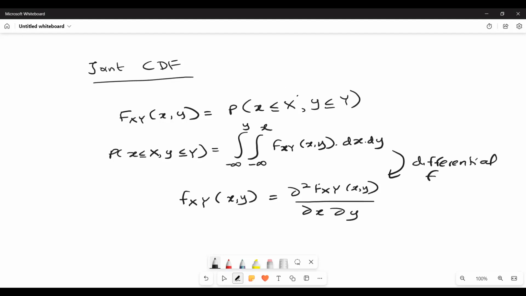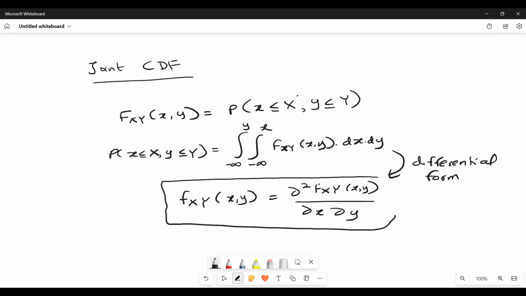They are both the same, but the differential form is written in this manner. You don't have to remember it, but keep it in your mind that the probability density function, PDF alone, can be defined by using the CDF function by taking the differentiation of that CDF function with respect to the variables that are in consideration, which are X and Y in this case.